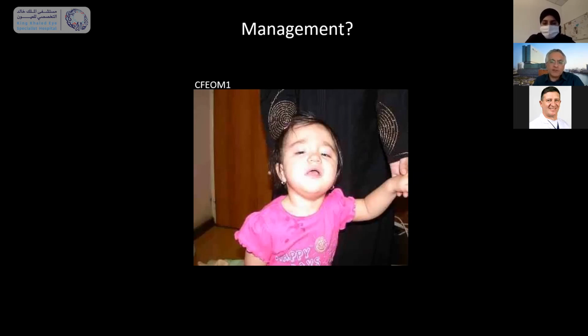Now the exception is if you have a patient with CFEOM and any kind of muscle weakness or facial palsy. Now there I'm worried because while it could be CFEOM3 from TUBB3 mutation, it's also possible it could be myasthenia, it could be a myopathy, it could be a mitochondrial disease.